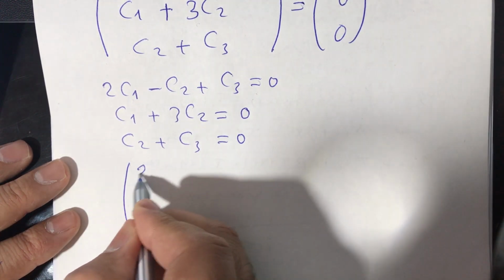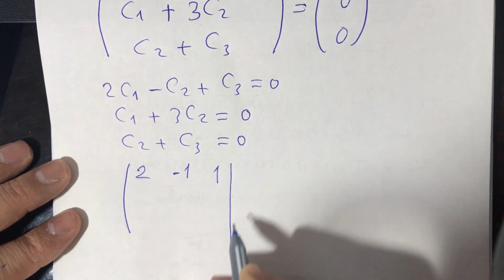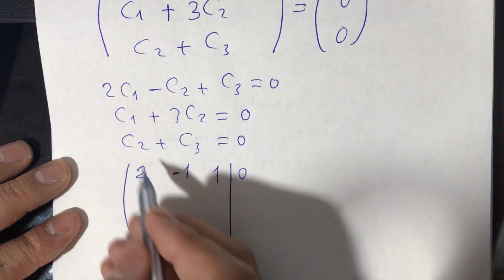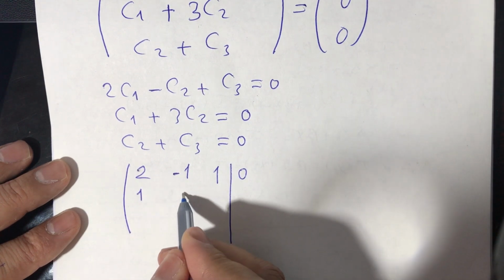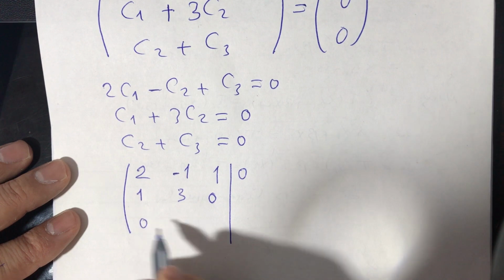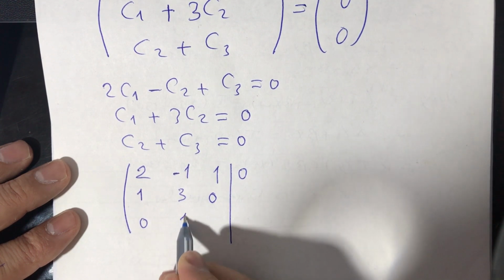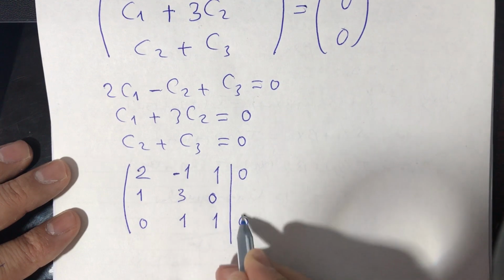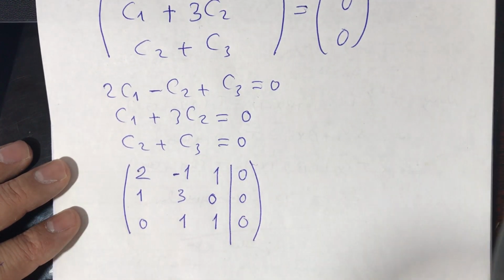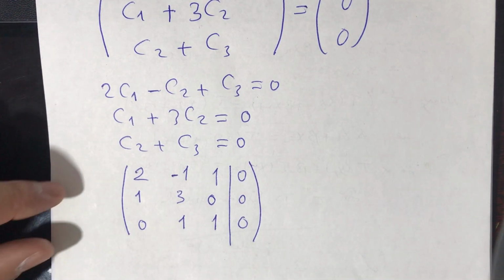The matrix will be: 2, minus 1, 1, and 0 here; then 1, 3, 0, and 0; then 0, 1, 1, and 0. This is the system. Try to do it by the Gauss-Jordan method.